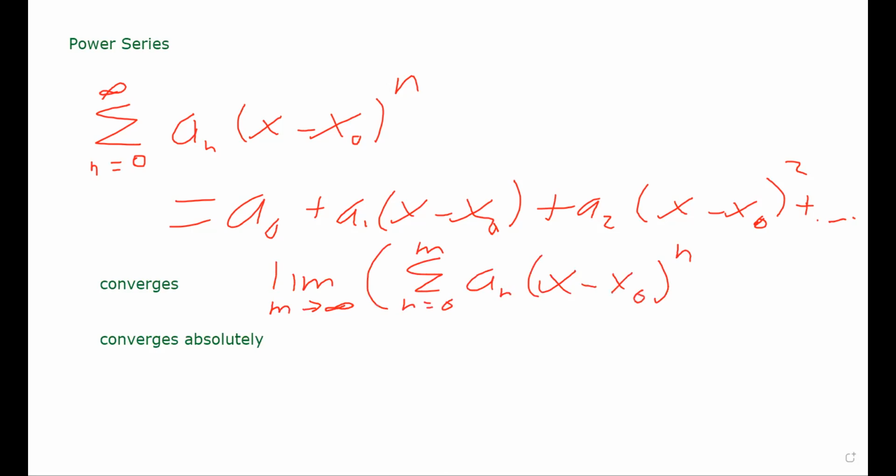So we take any partial summation, a finite sum of this, and see if we can get a pattern developed. And then we want to take the limit as our m goes to infinity.